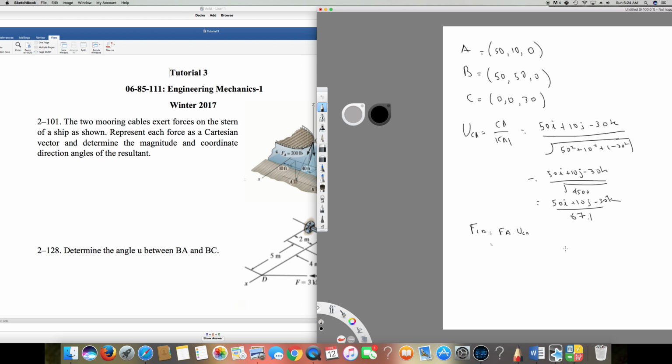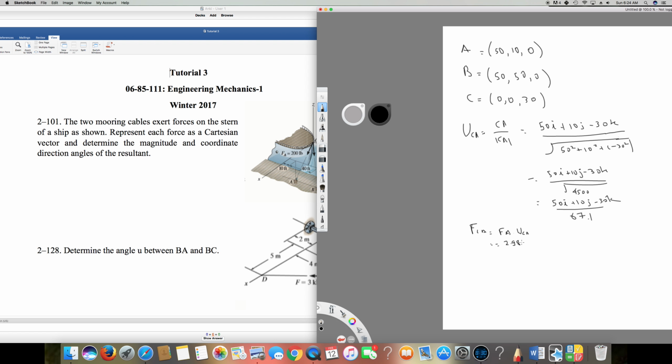Let's divide 200 lb by 67.1 and multiply everything. So if I do that, let's see what I get. 200 divided by 67.1 is going to be 2.98. So if I multiply everything by 2.98, I will get the force.